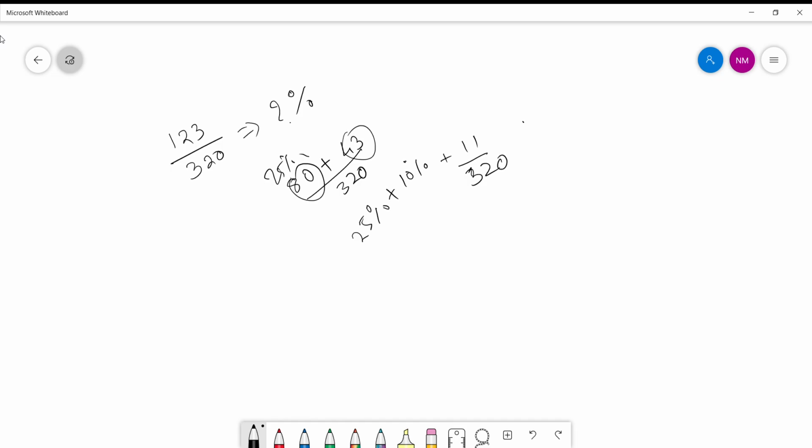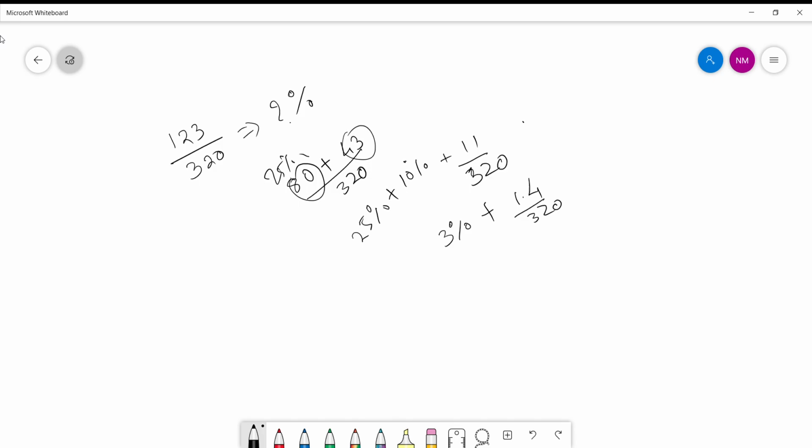Now we have to calculate this 11 by 320. We know that 1% is 3.2. So 3% is 9.6. So we can say 3% plus 9.6, and then we are left with 1.4 by 320. So it is 25 plus 10, 35, and 3 more, 38.